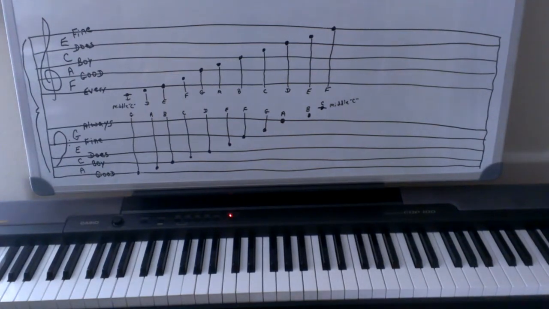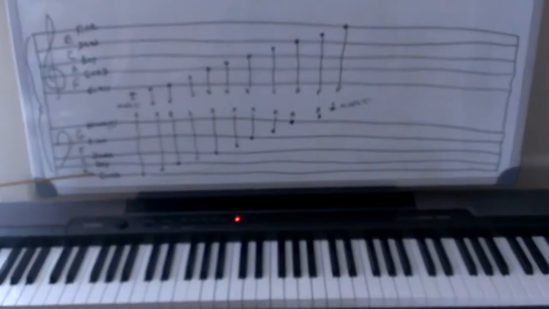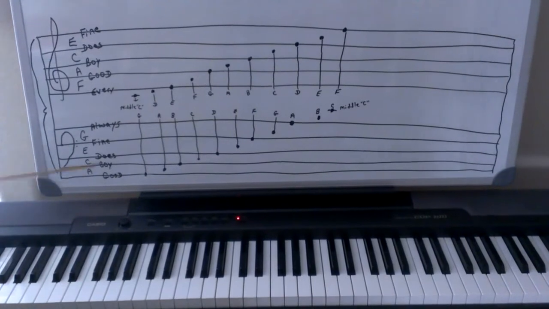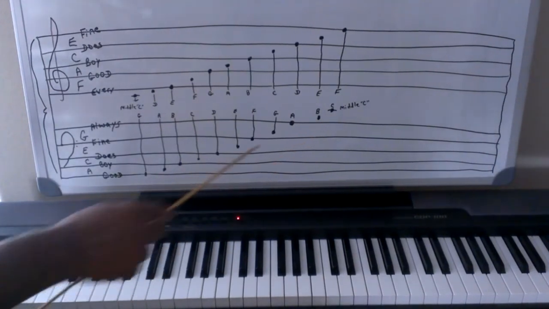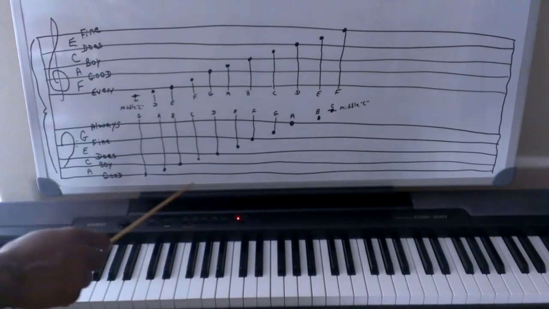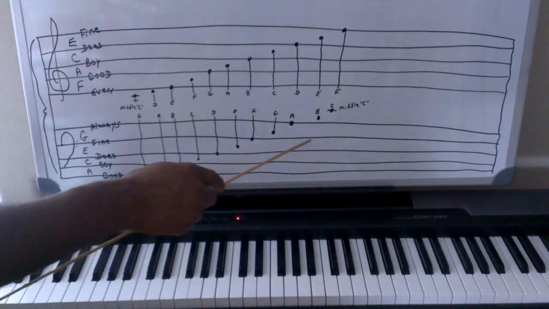Now we need to find the G. One thing that can help you: this is middle C. If you've done any of the hand exercises, you know I always start with middle C. Then I go one octave back, and that's normally where I start the right hand on the hand exercise.